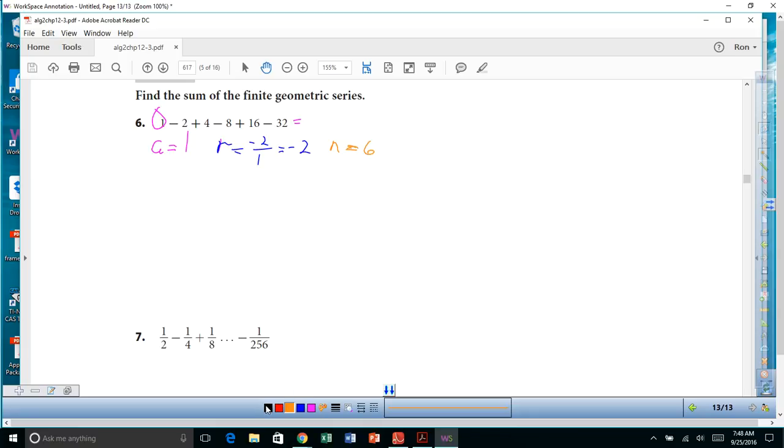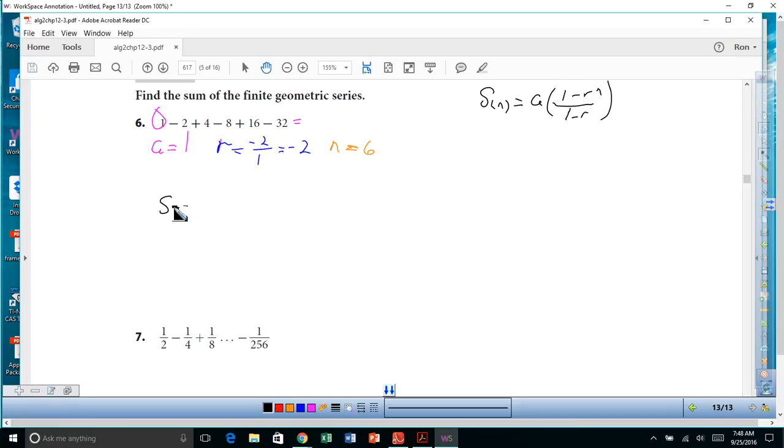Now, why am I finding all of these? Well, what is the formula? S sub n equals A times 1 minus R to the nth over 1 minus R. Okay, so I'm just finding all the pieces that I need for this equation.